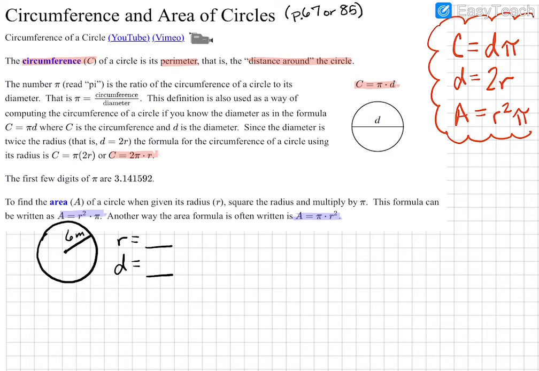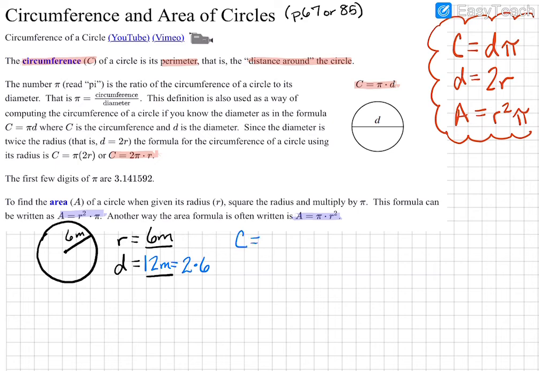We will be needing both since we'll be finding both the circumference and the area. 6 meters is the radius of this circle. I suggest that you always put R equals and D equals for every problem. So if the radius is 6, remember we would multiply that times 2 to find our diameter, which is 12 meters. Now we can find our circumference and area.